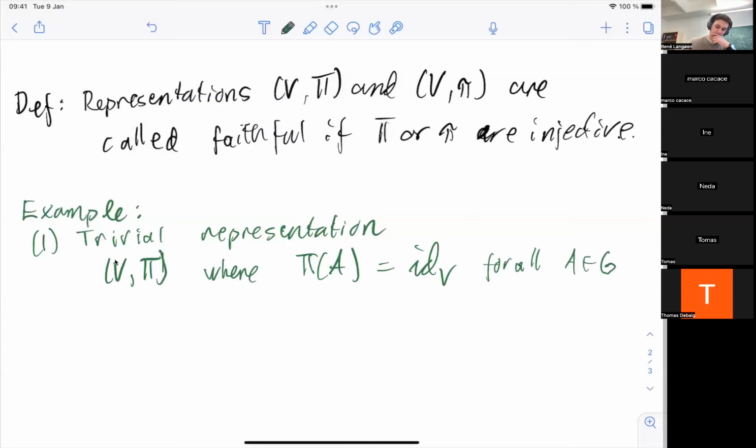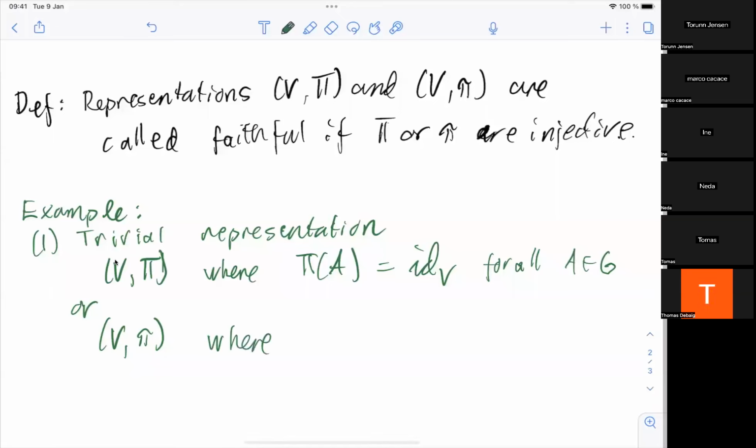It's the most boring one, but it's still a possible representation. So this will not be faithful at all. For the algebras, the trivial representation is the one that sends all elements to the zero map.